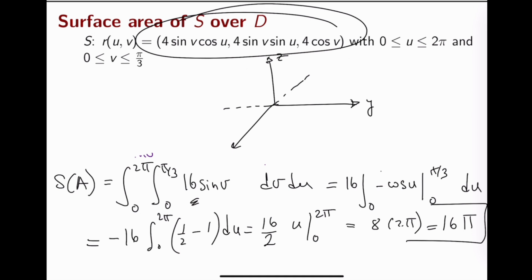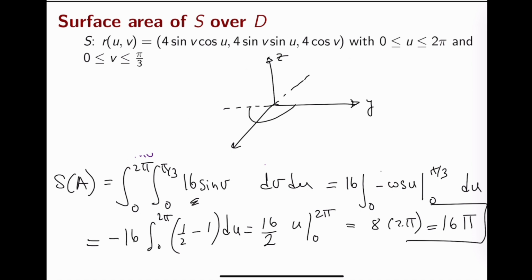Observe that the parametrization of the surface coincides with the spherical coordinates that describe exactly a sphere of radius 4. So we have a sphere of radius 4. And what we are calculating is this, in this domain where u goes between 0 and 2 pi.